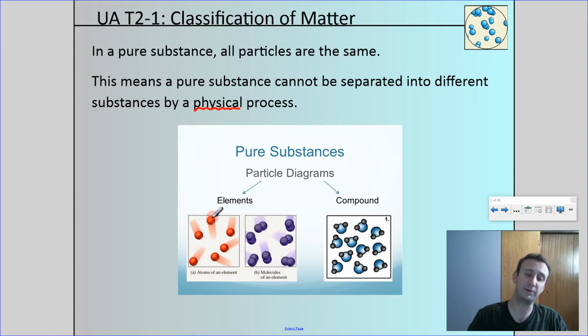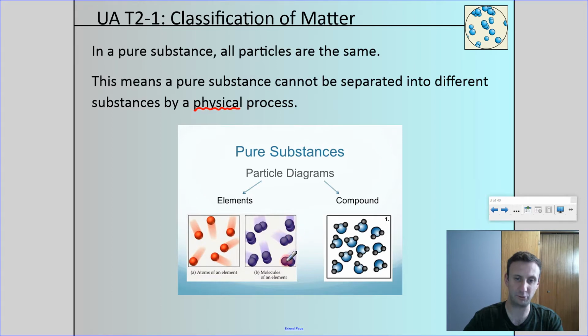So here I have some pictures. These are elements, and this over here is a compound. In elements, every single atom is the same. So in this element, I have just the red atoms, as shown. And then here I have the purple atoms that are together, two atoms bonded together, but every particle is still the same, made up of the two purple spheres.